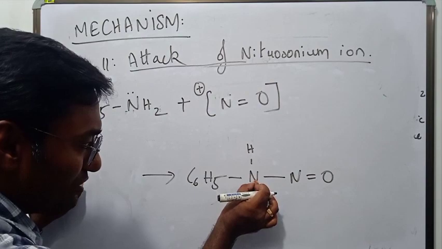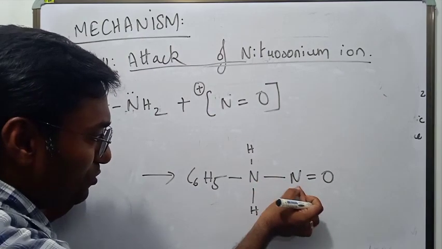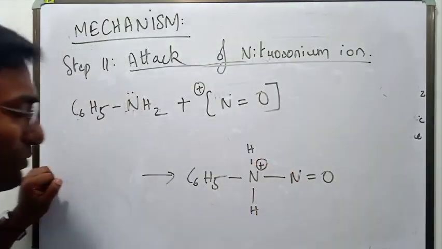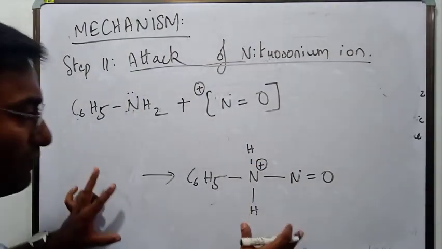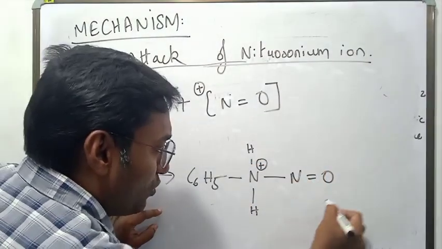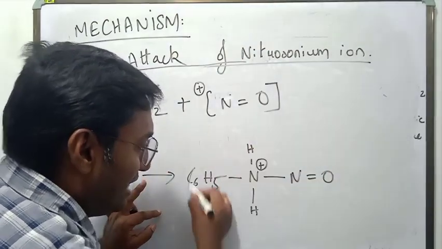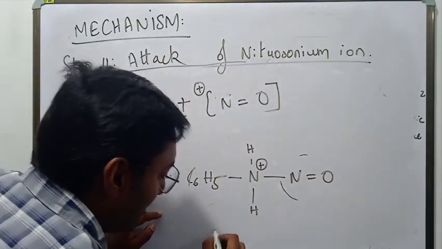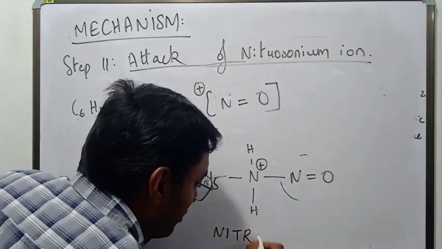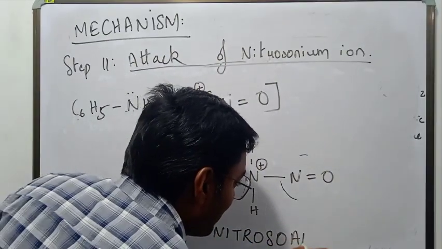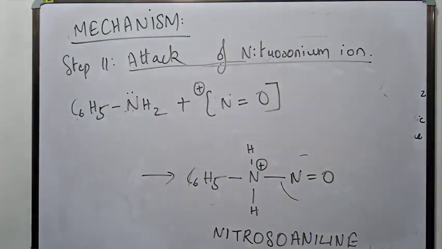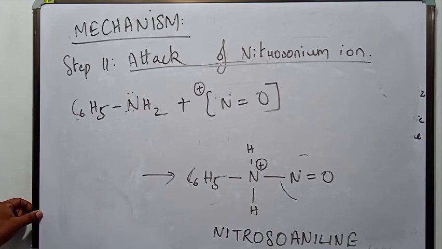Because this nitrogen lost its lone pair of electrons, it actually becomes positive now. Now what we have got is nitrosoaniline. Let me write it. Nitrosoaniline. Right? So that is what we have got. This is step number 2.